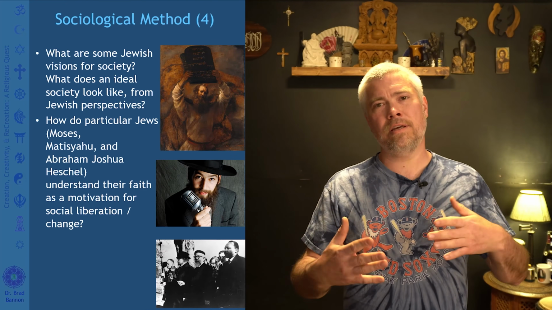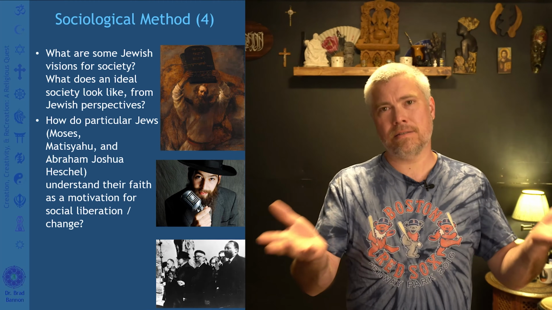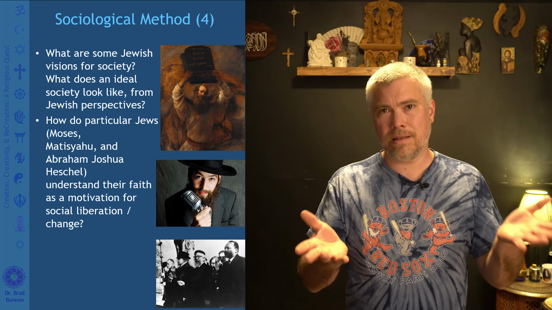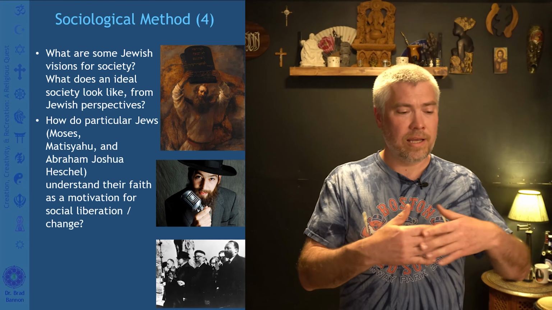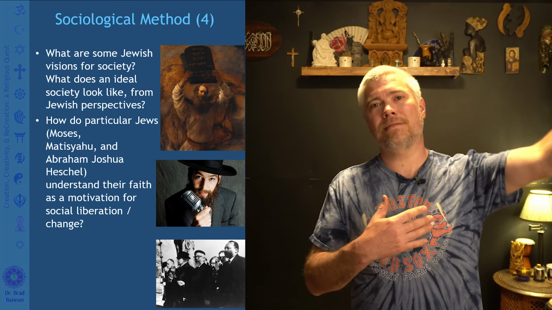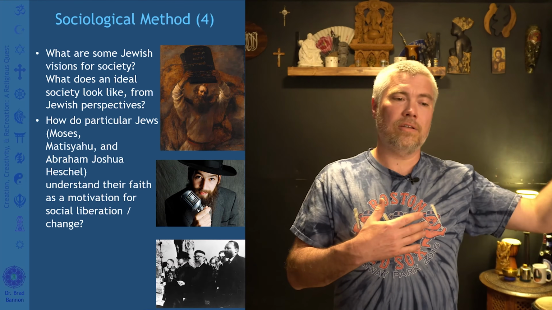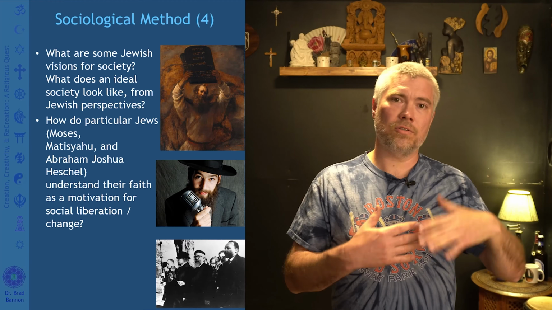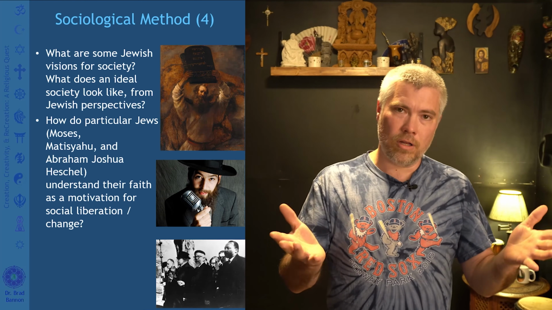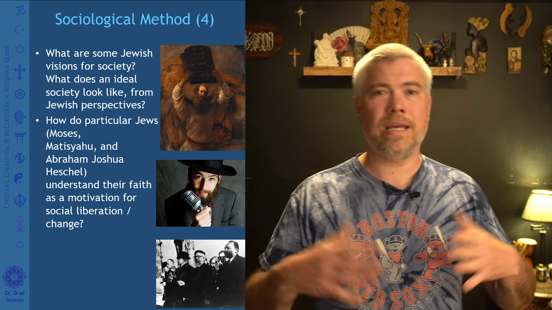How do each one of these understand an ideal society? What things in their societies needed to change, and what might that ideal society look like? Now, in the Jewish scriptures and the Jewish tradition, the ideal society tends to be called the kingdom of God or the kingdom of heaven.